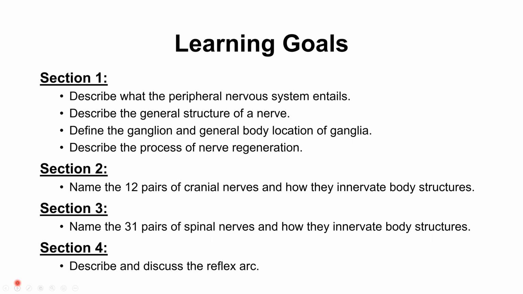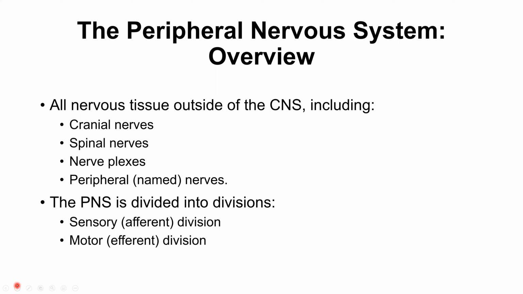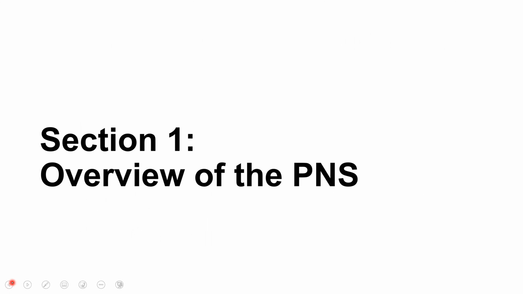In this first section, we're going to talk about in general what the peripheral nervous system entails, also describe the general structure of a nerve, define ganglion, and talk about different ganglia in the body, and then finally finish this video out with talking about nerve regeneration. All right, so again, in this section, we're going to start with an overview of the peripheral nervous system. So let's get started.